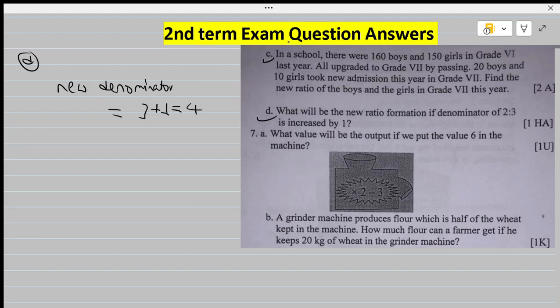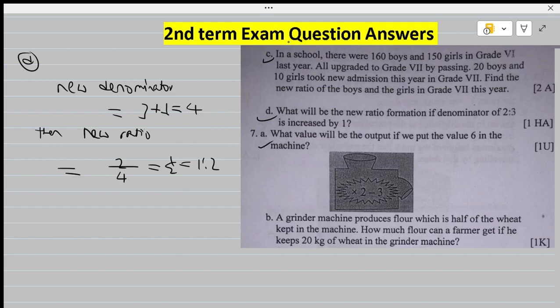The new ratio: the numerator is the same, 2, and the new denominator is 4, so 2 by 4 is 1 by 2. So the new ratio is 1 is to 2.